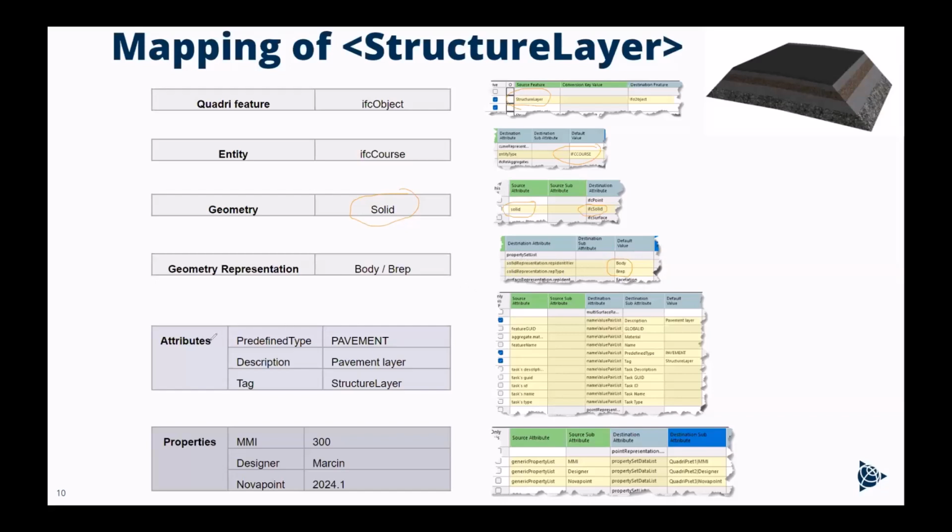Then we want to also export some attributes. I told you about the basic ones, like predefined type, name, tag, description, but we can also have the global ID. Material in this case is a different issue, but in the first round we do it this way. You also need to understand that all attributes go under something called name value per list. Name value per list, all attributes. This is hard-coded, something that belongs to the schema.